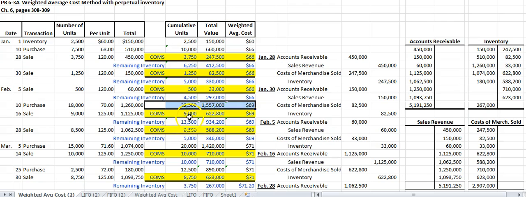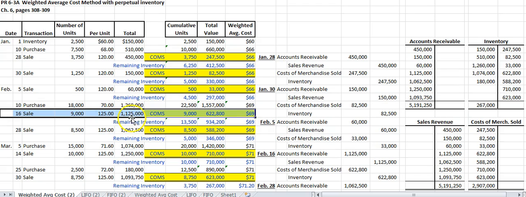So 9,000 units sold at $69.20. We don't see the 20 cents there, but $69.20 is going to give me a total cost of merchandise sold of $622,800.